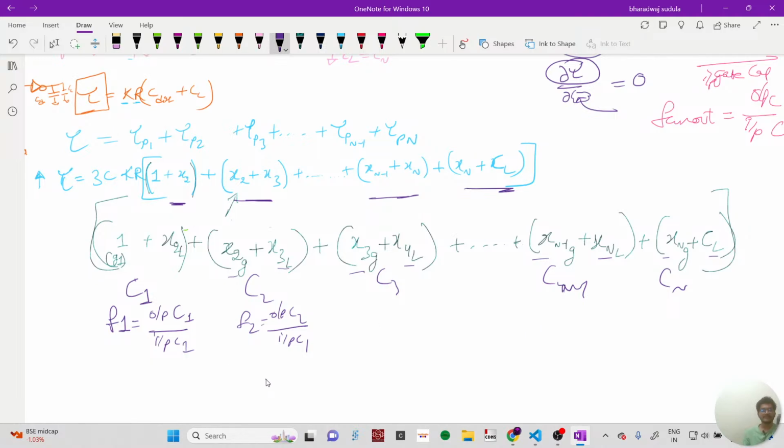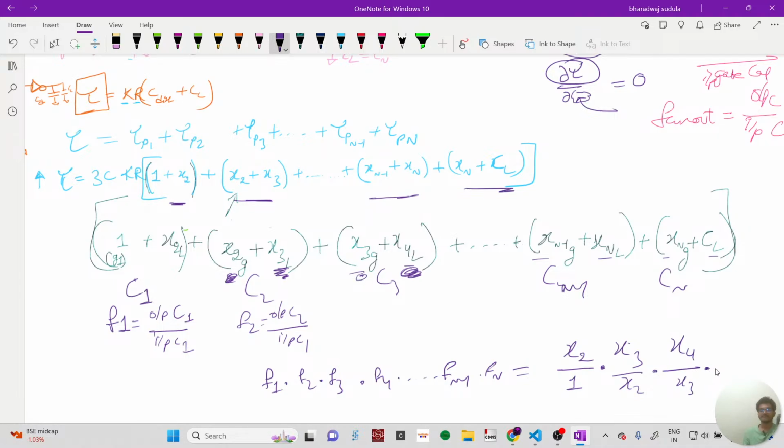So if I multiply everything, f1, f2, f3, f4, and so on, fn minus 1, fn, it turns out to be: first inverter load cap is x2 and input cap is 1, multiplied by second inverter load cap x3, input cap x2, third inverter x4 load cap, input cap x3, such that it goes on.